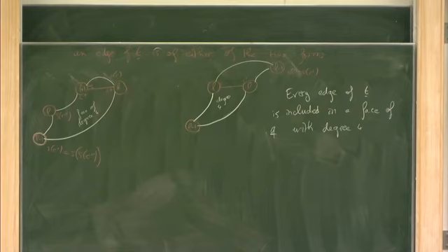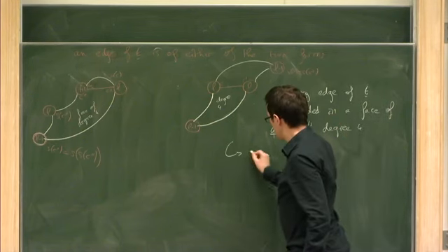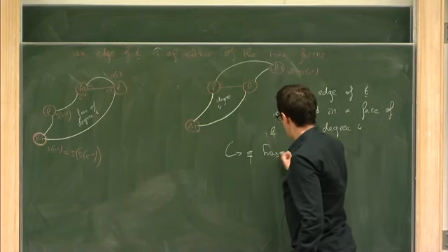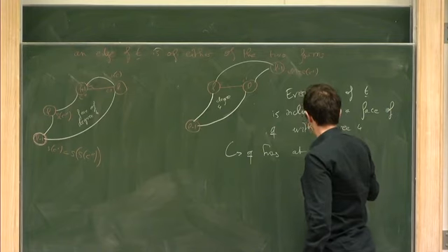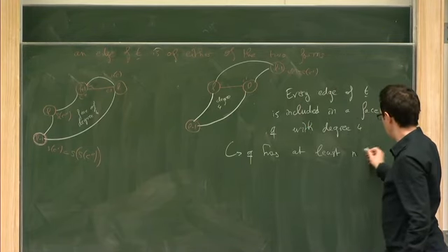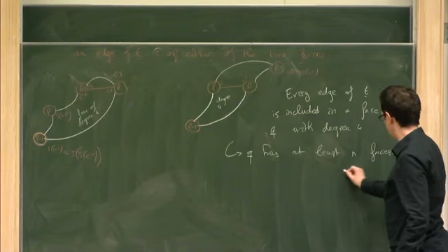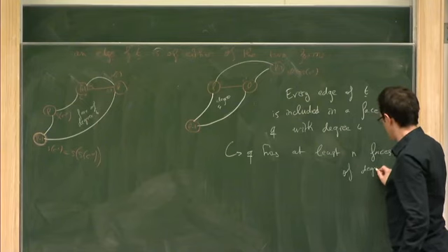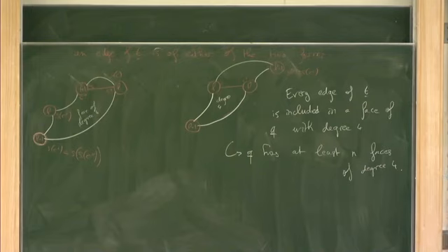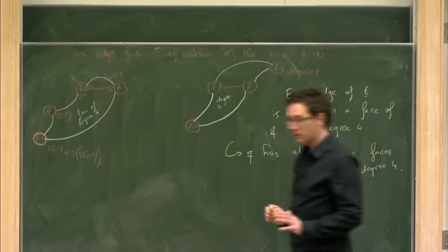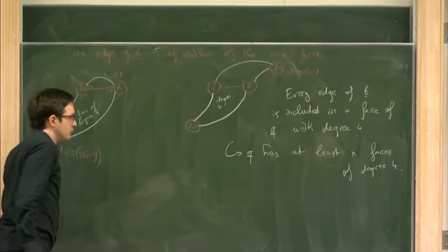It's fairly simple to see. Therefore, Q has at least n faces of degree 4. Now I claim that all the faces of Q are there, and that will conclude the proof.